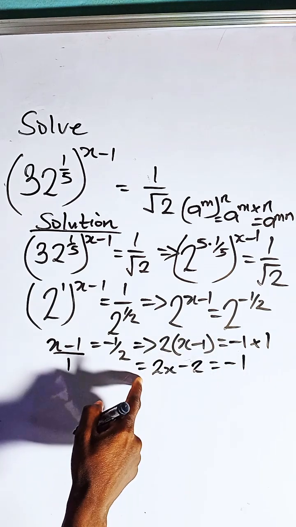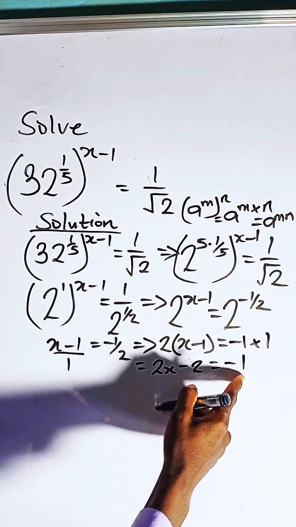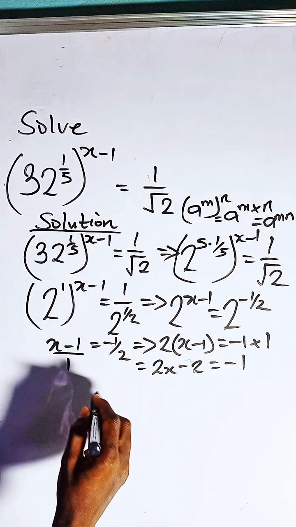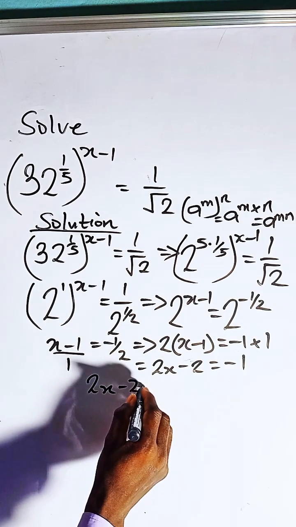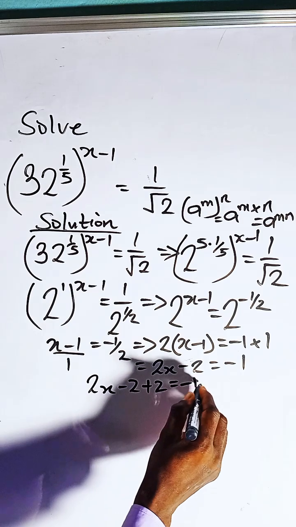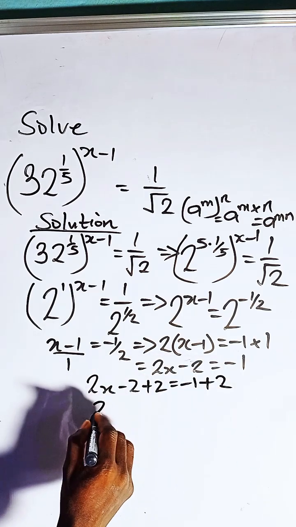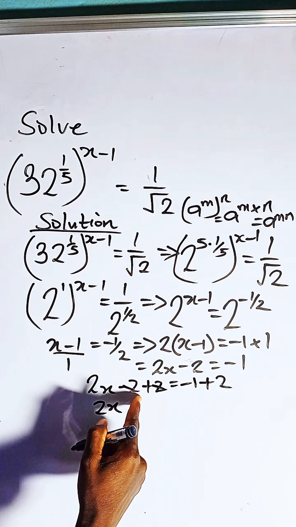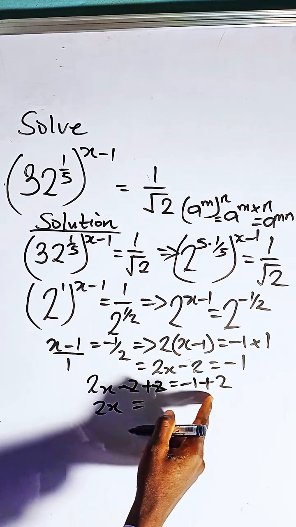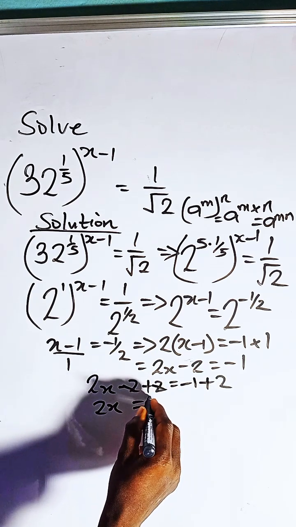The next thing we do is add 2 to both sides of the equation, so we have 2x minus 2 plus 2 equals minus 1 plus 2. So the 2 cancels out and we have 0 there, and for minus 1 plus 2 we have 1.